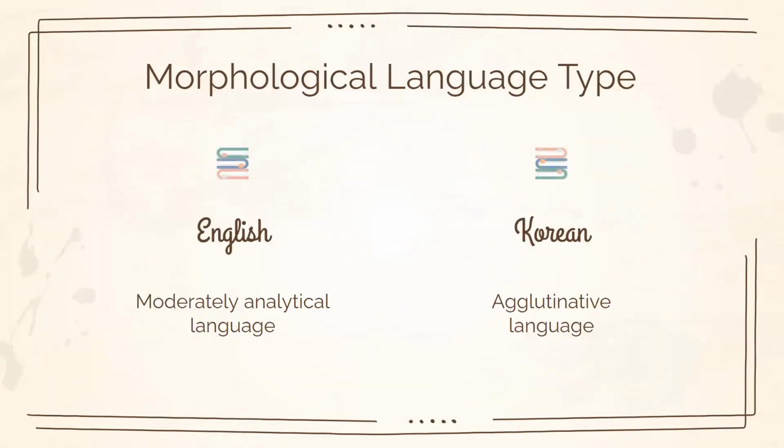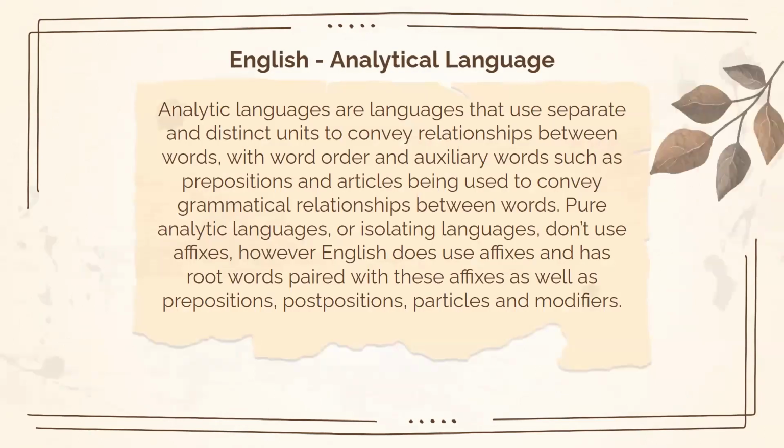Moving on, the morphological language type is not something we've really covered in class, but I find it pretty interesting. English is considered to be a moderately analytical language, whereas Korean is considered an agglutinative language. So an analytical language is a language that uses separate and distinct units to convey relationships between words, with word order and auxiliary words, such as prepositions and articles, being used to convey grammatical relationships between words.